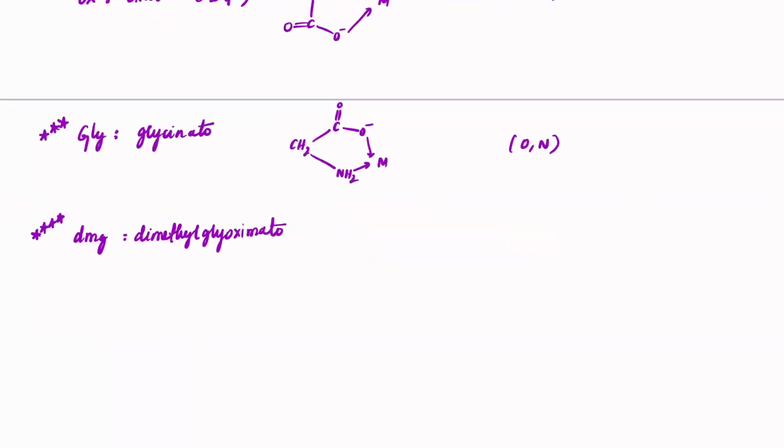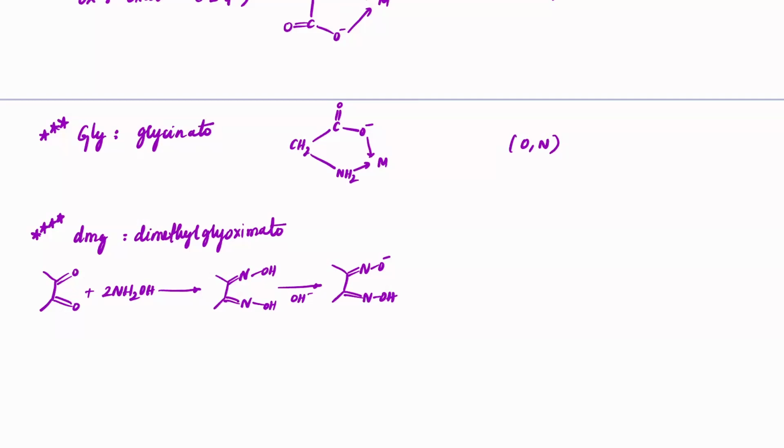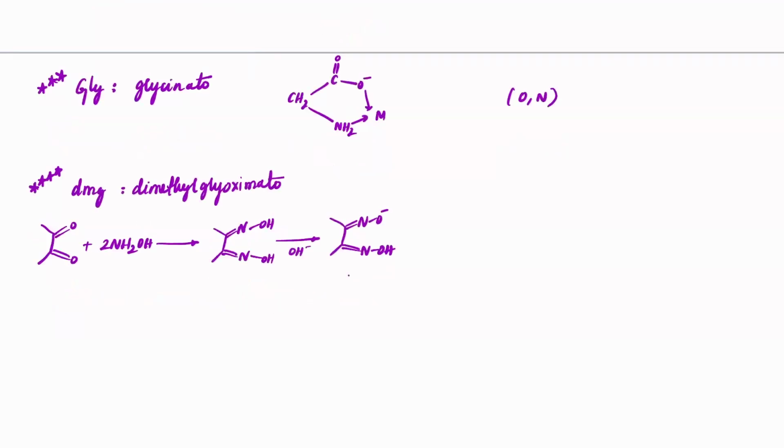If you notice the preparation, basically it is a ketone reacting with 2 moles of hydroxylamine to form double bond N, double bond N, OH and OH. If this is kept in a basic medium, it will start gaining NO minus, and on the other side it will have OH. At least till the first dissociation, this is when we call it DMG. This is how we get the DMG part.